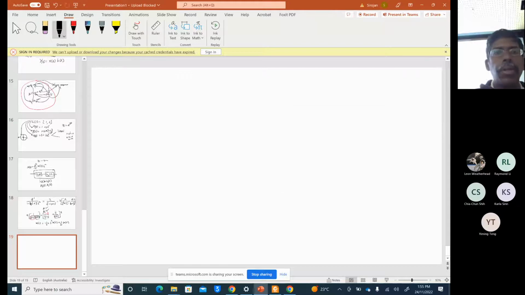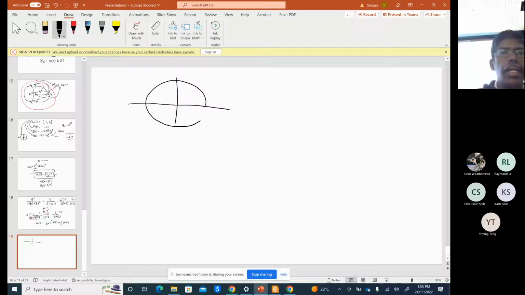if you are given a pole zero diagram, let's say 1 pole here and 1 zero here. What is the approximate magnitude response?